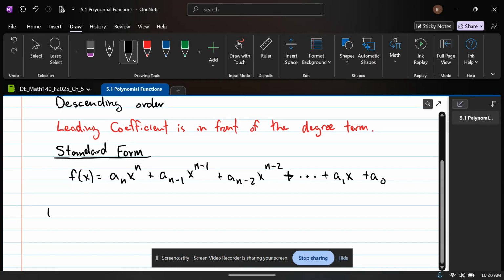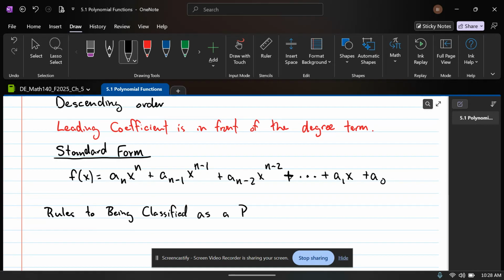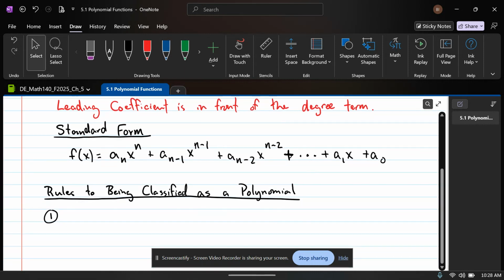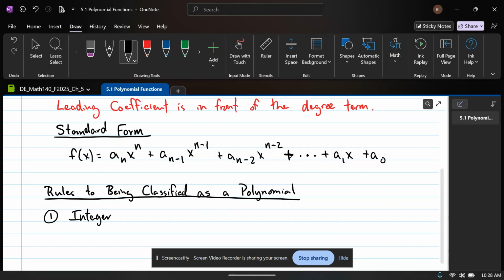So there are some rules to being classified as a polynomial. There's not many rules. There's only 3. The first one being that you have integer exponents.